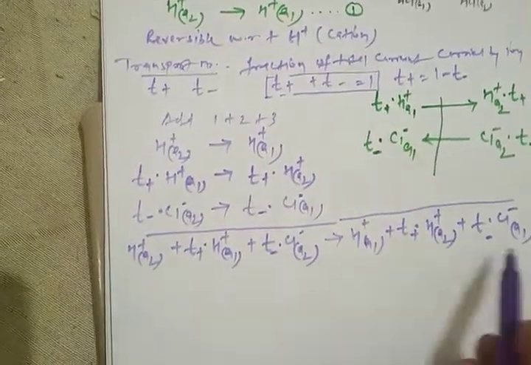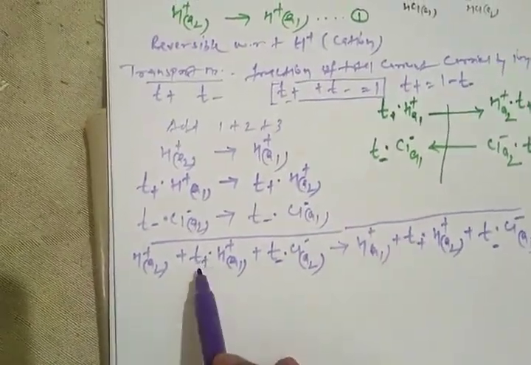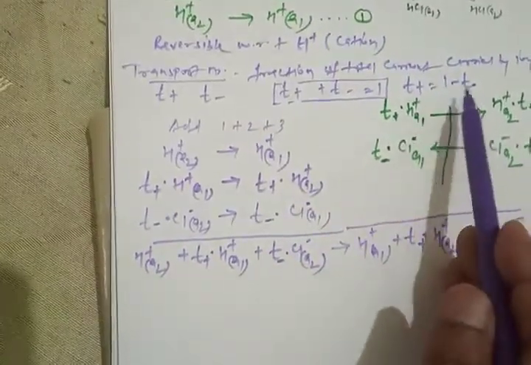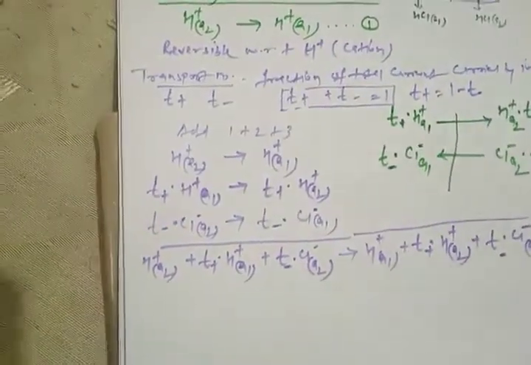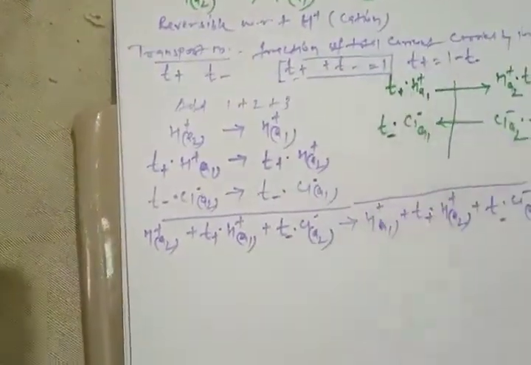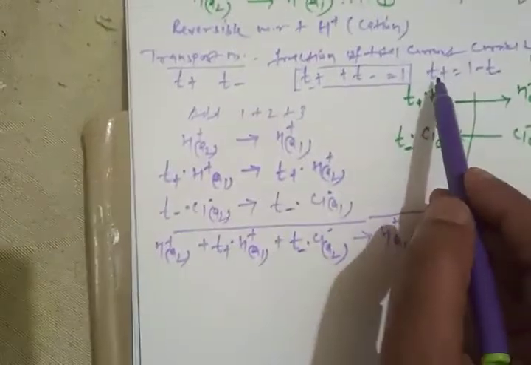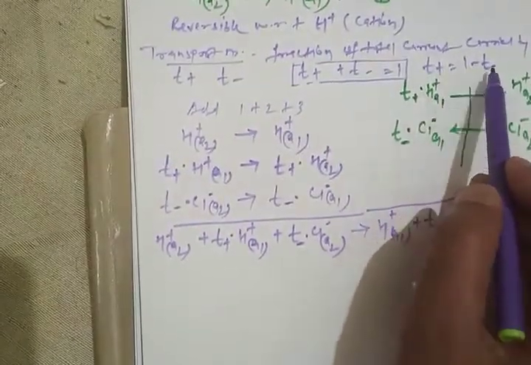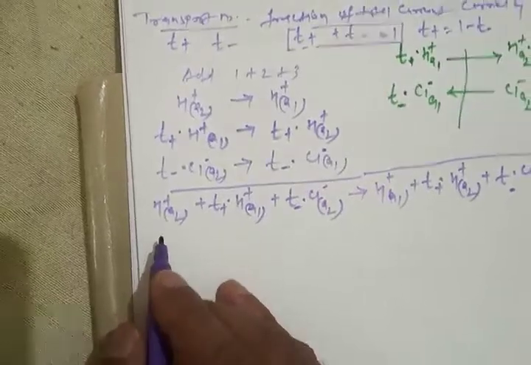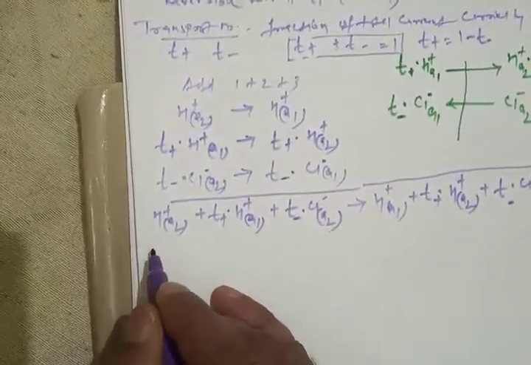So we have a common ion, otherwise the transport numbers of both cation and anion. Once we put only one ion, we have a common ion. You can take minus charge also. So I'm writing 1 minus T minus in place of T plus. So let's put the value here.